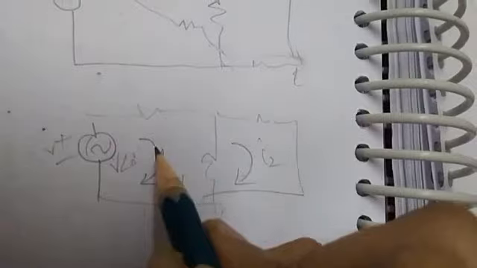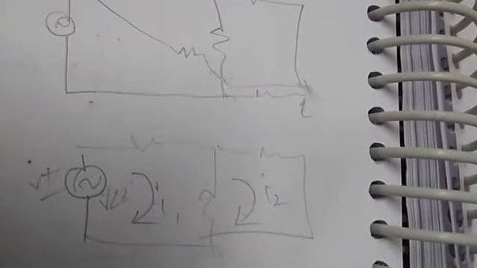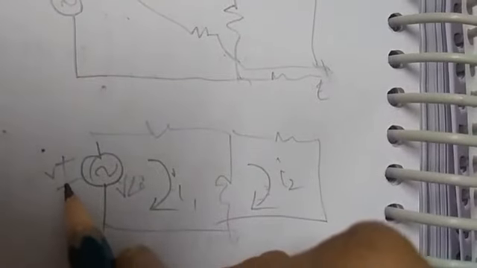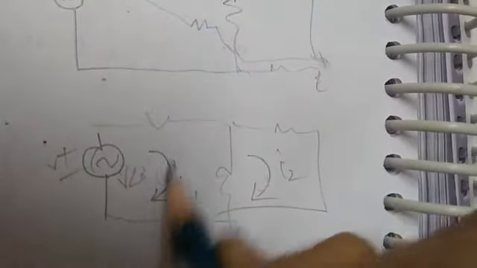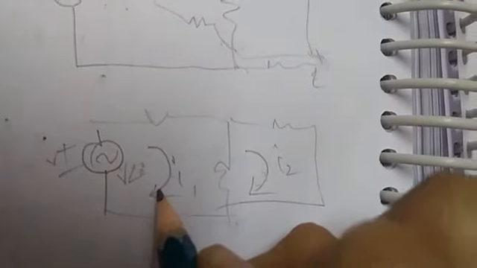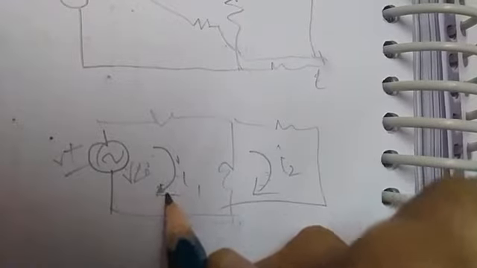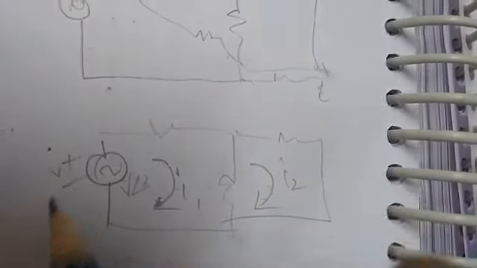Most of the time, the way of representation will differ. I just follow one notation. If I am considering this one as DC, where my arrow mark, where my current direction touches first, I will consider that polarity.